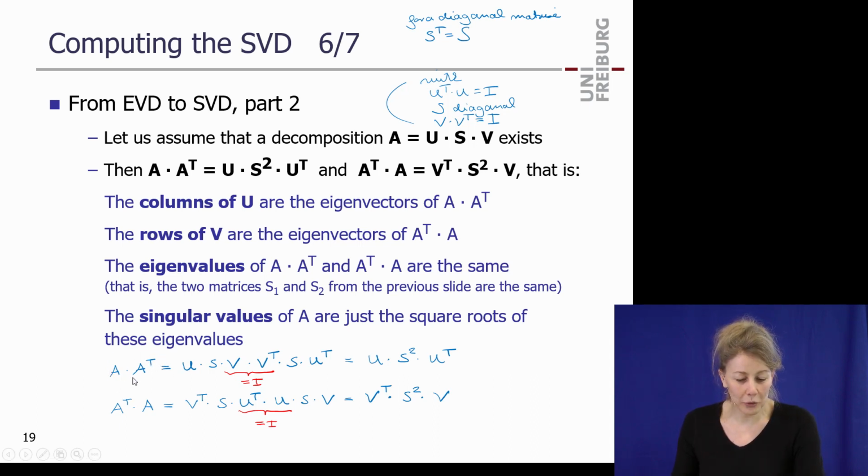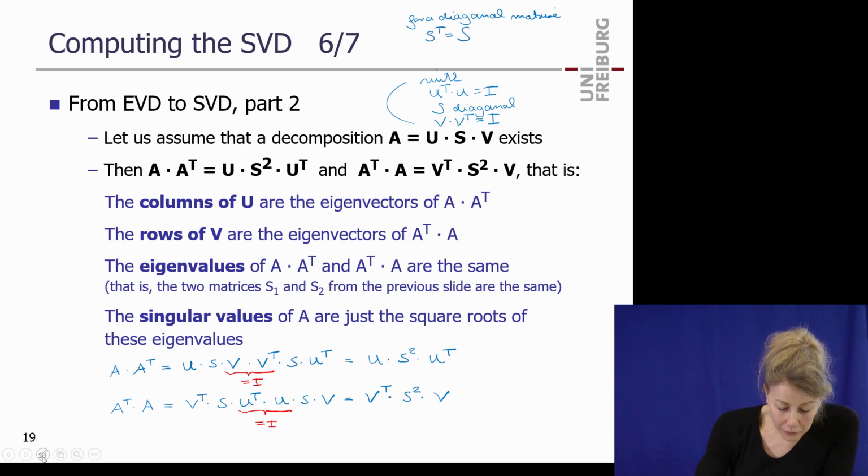You just compute this matrix and its eigenvalues and eigenvectors, and the V matrix you get as the eigenvectors from this matrix. This also shows that the eigenvalues of this and of this are actually the same. So the two matrices S1 and S2 from the previous slide are actually the same.